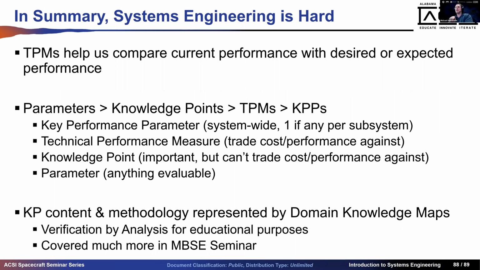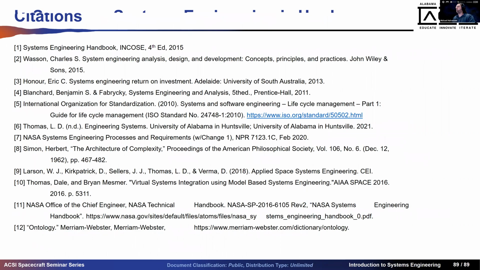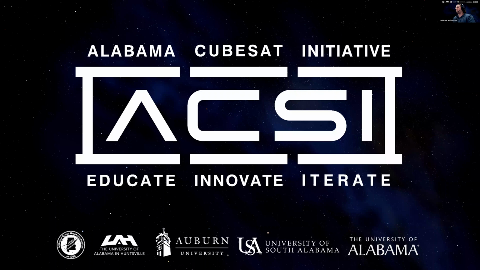That parameter is an input to an equation. The equation calculates a parameter. Very simple, very easy, but you can't define a relationship outside of those is the point. This is covered a lot more in the model-based systems engineering seminar, which I probably eventually will redo. So citations, as we talked about.